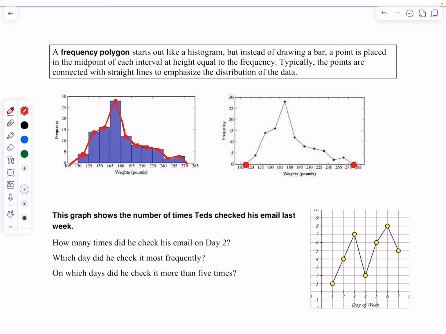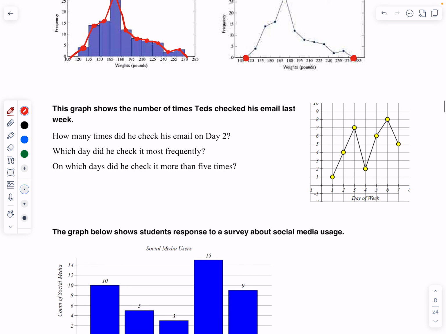All right. So this graph shows the number of times Ted checked his email last week. How many times did he check his email on day 2? Okay. So day 2 is right here. And if I go up to that point, I read off the corresponding frequency, which is 4.